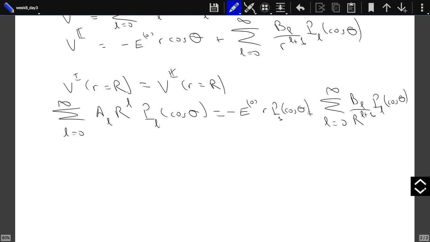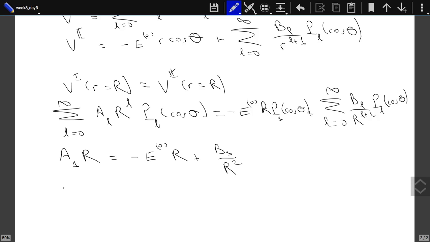So for L equal to 1, on the left-hand side I have A1 times R. This is the coefficient of P1. And on the right-hand side, the coefficient of P1 is minus E0 times R, where this is capital R, plus B1 over R squared. This is for L equal to 1.